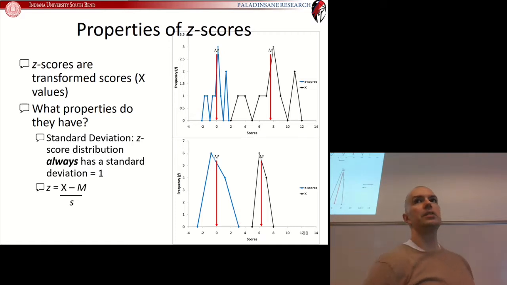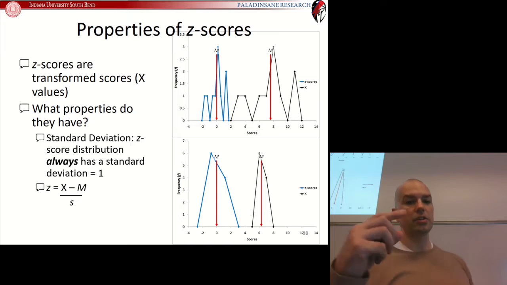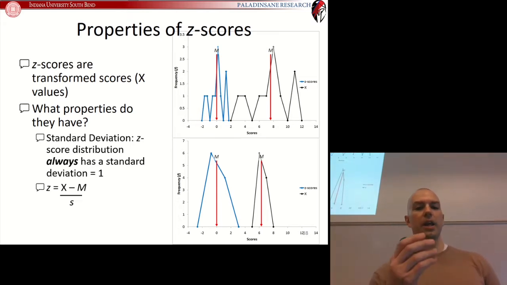So again, if you say, oh, I got a z-score of 0.75 on my exam, and the person you're talking to goes, oh, well, how variable were the scores? Once again, they don't understand z-scores. Z-scores always have a standard deviation of 1. They also always have a variance of 1, because the standard deviation is just the square root of variance. But importantly, mean of 0, standard deviation of 1.